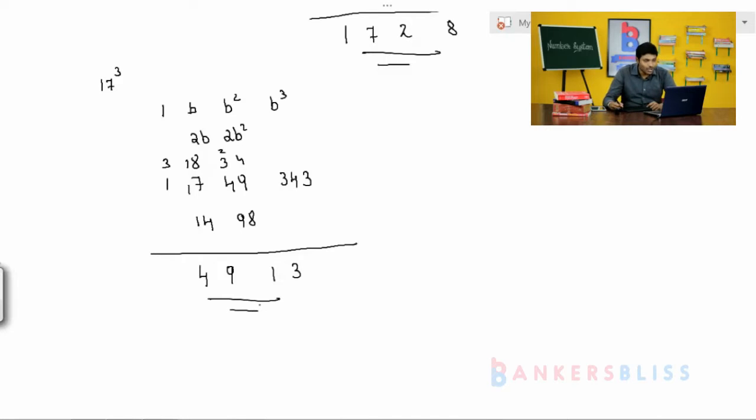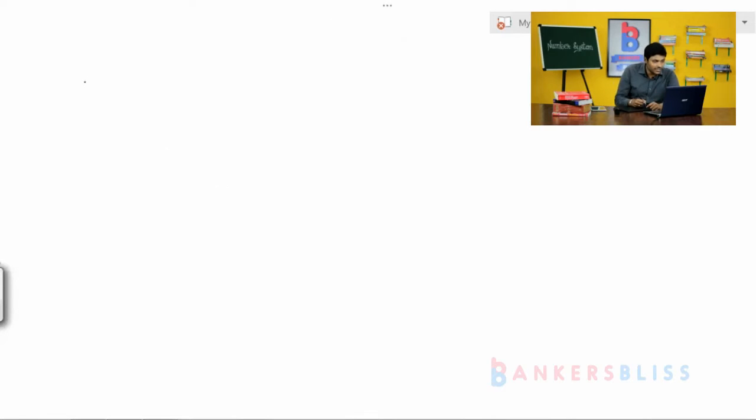The answer is 4913. Let me take one more number. The number is 14 cube. So 1, b square, b cube. Next 2b square. So next, 1; 4 square is 16; 4 cube is 64. Next, 4 twos are 8, 16 twos are 32.